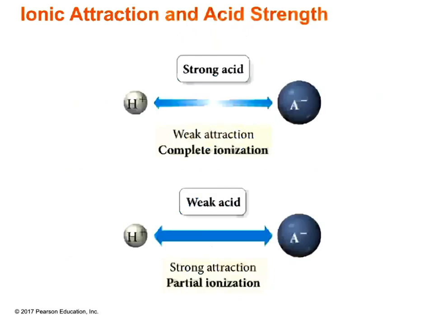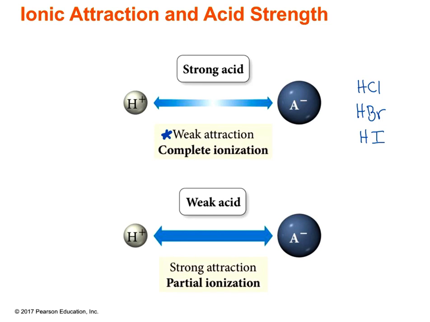Okay, so earlier I said we were going to discuss why, for instance, hydrofluoric acid is much weaker than the other acids that contain halogens. So if we consider a strong acid like HCl, HBr, or HI, there is a weak attraction between the hydrogen ion and the non-metal, or in this case, the halogen or halide.